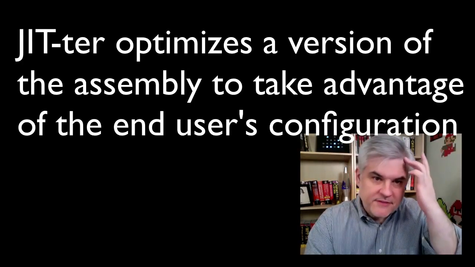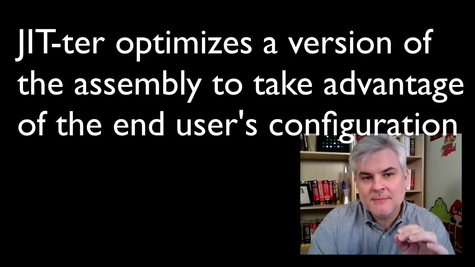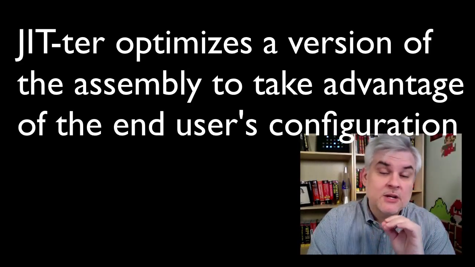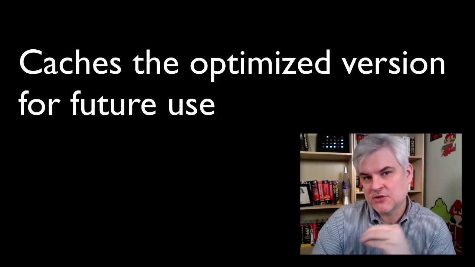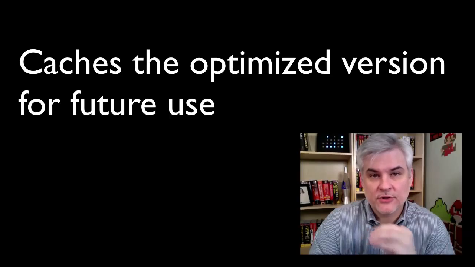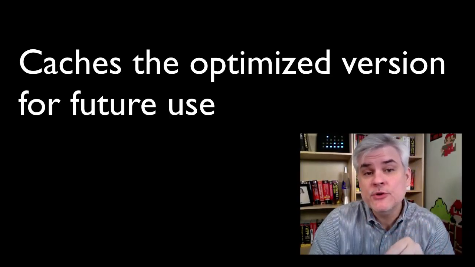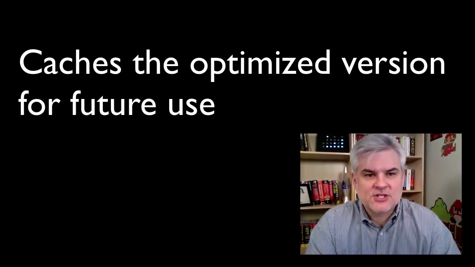So again, the very first time your application is run on a new computer, the .NET runtime evaluates the computer's operating system and its hardware, and it creates an optimized version of the assembly that's specific to that configuration, and it saves the application in a cache, in a special area on your end user's hard drive. So from that point on, the .NET runtime will use that special optimized version that's in cache.